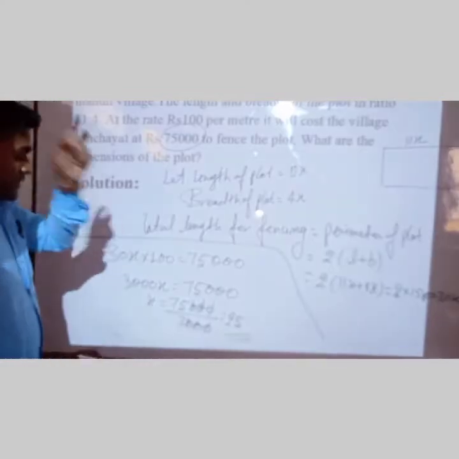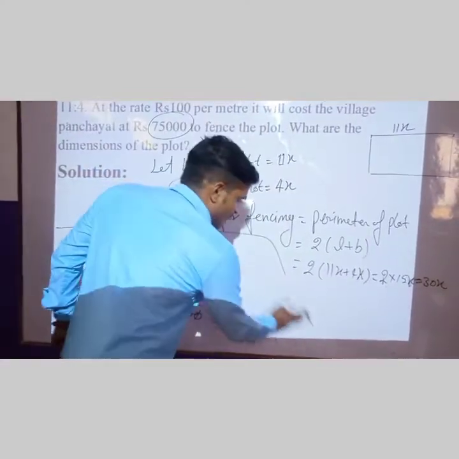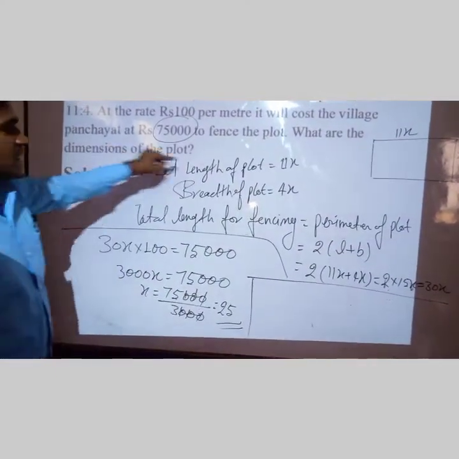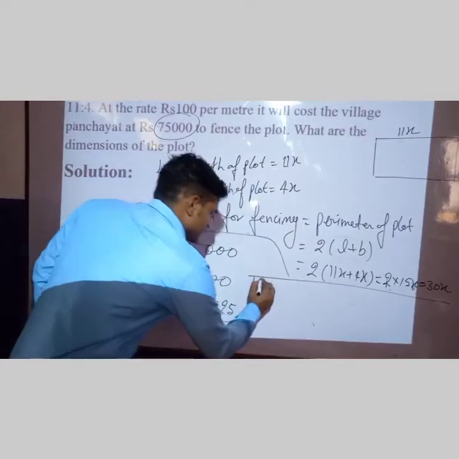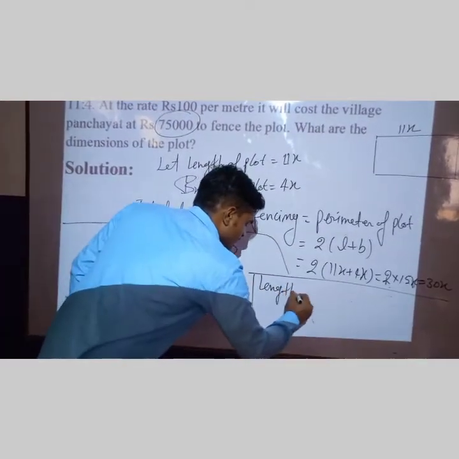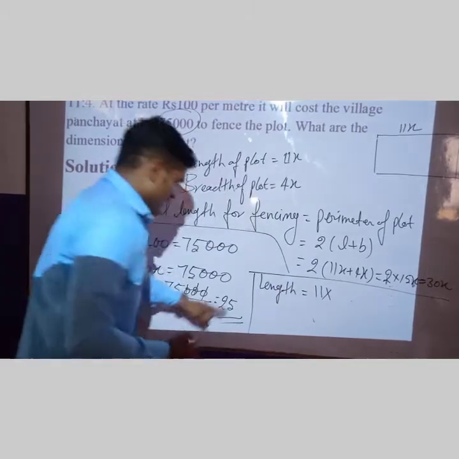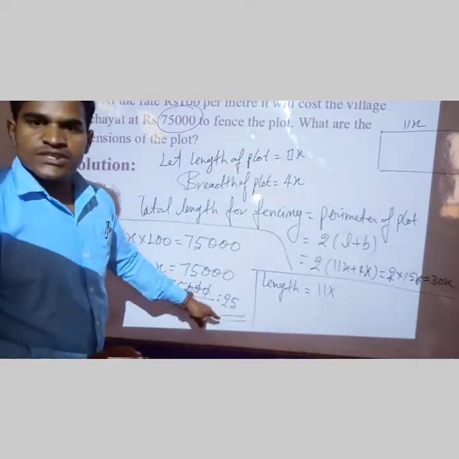It means the value of x is 25, but we have to find the dimensions of the plot, meaning length and breadth. So what will be the length? Therefore length is equal to 11x. So 11 and x replaced by 25 because its value is 25.